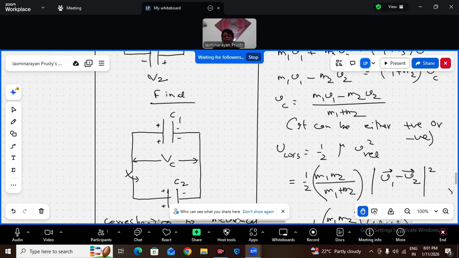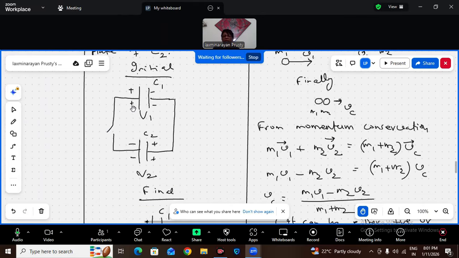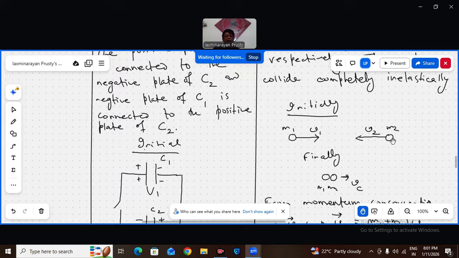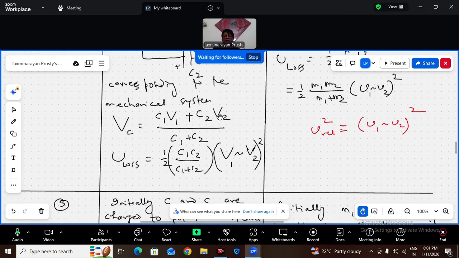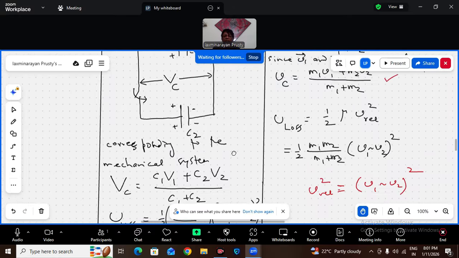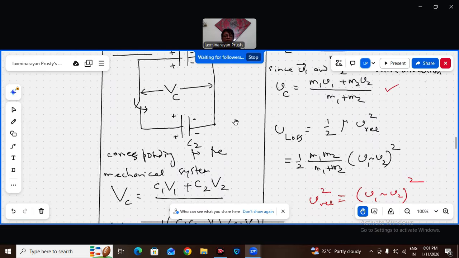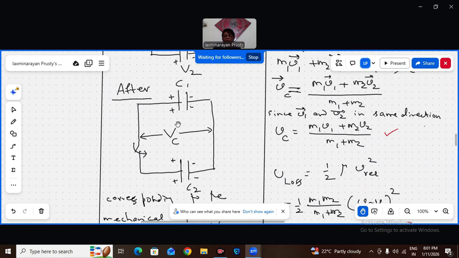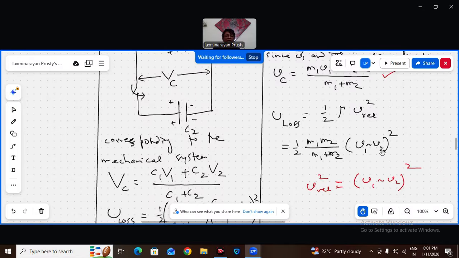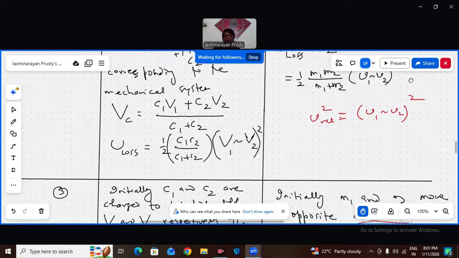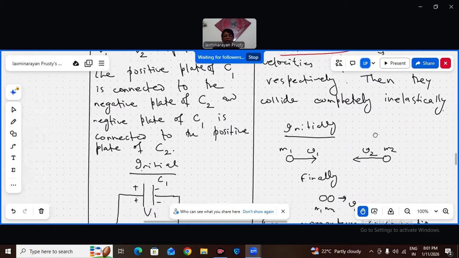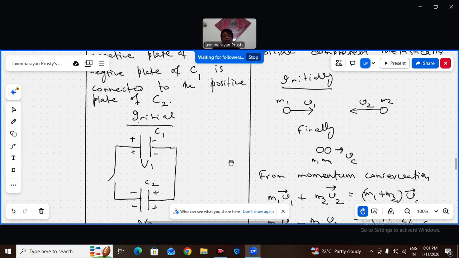So when positive to negative is connected, that is the same as them moving in opposite directions, and the relative velocity is added. When positive to positive is connected, that means they are moving in the same direction, but the relative velocity becomes the difference, V1 minus V2.